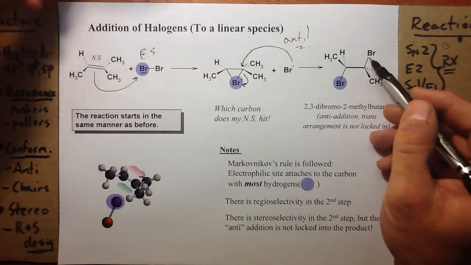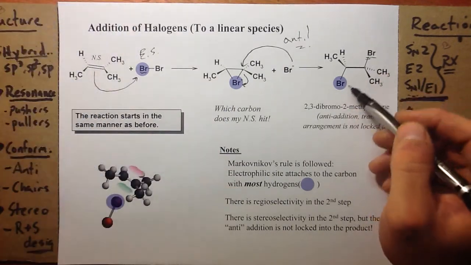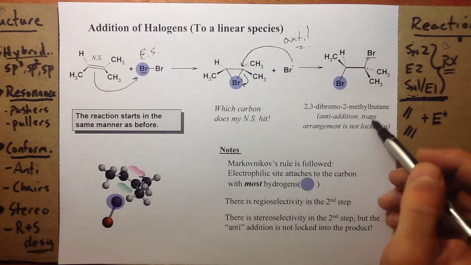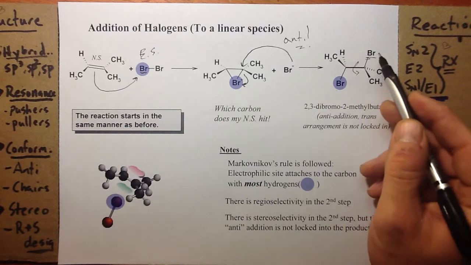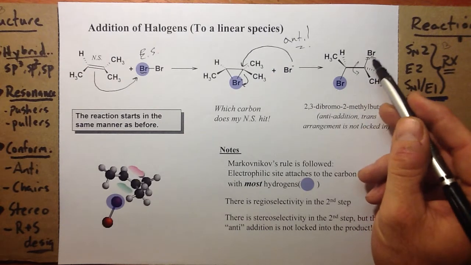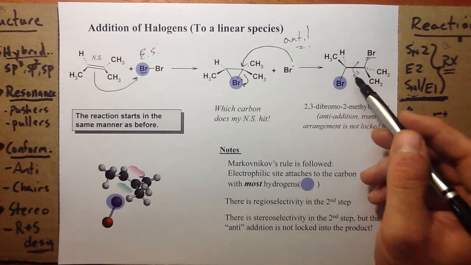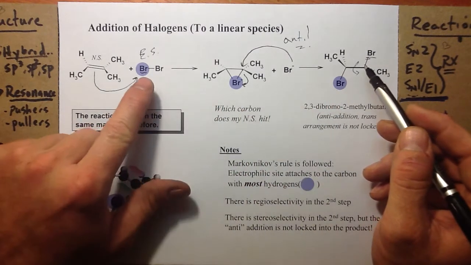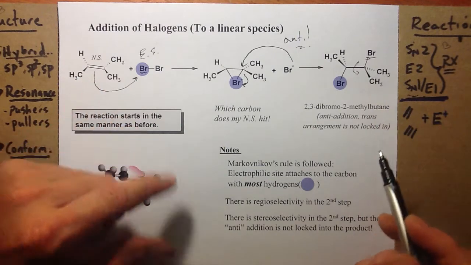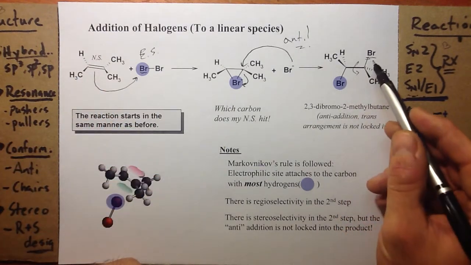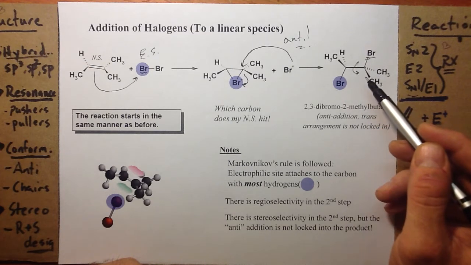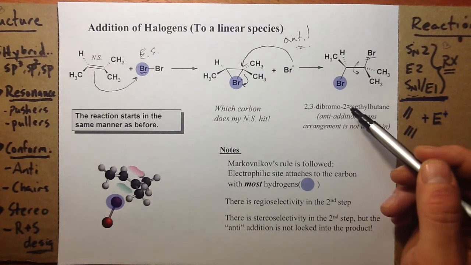Now, in this case, the anti-addition is not locked in to give us just a trans product. So sometimes you'll see this drawn where these are across from each other in the product. But please remember, if this comes from a reaction of Br2 and an alkene, they come in anti to each other, but it's just not a locked conformation. So that's important.